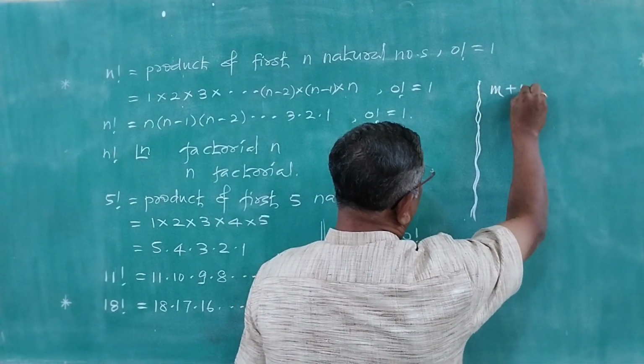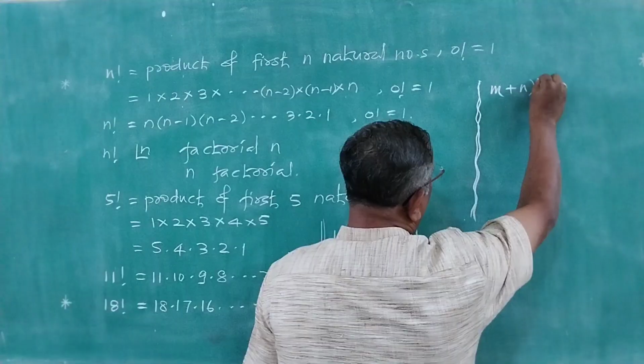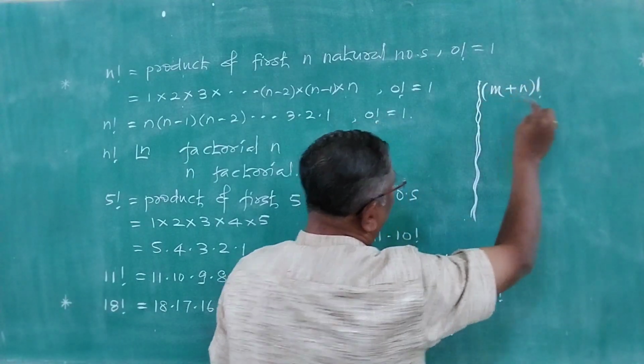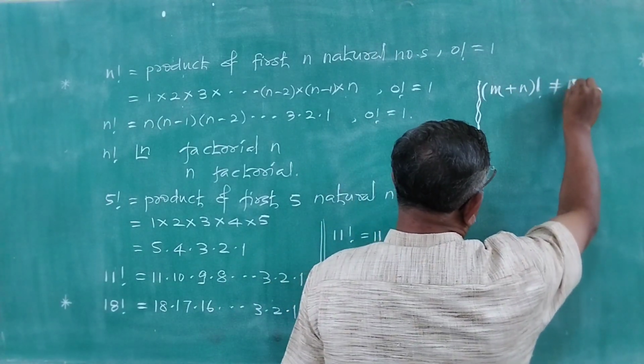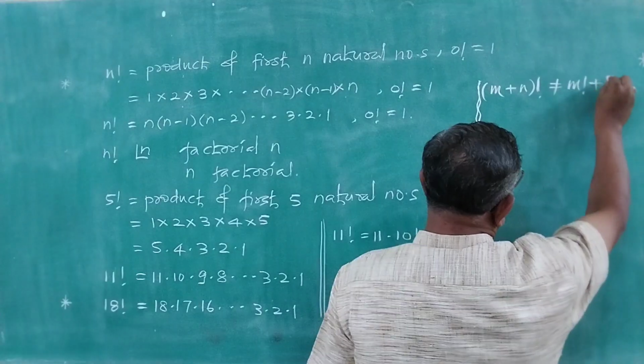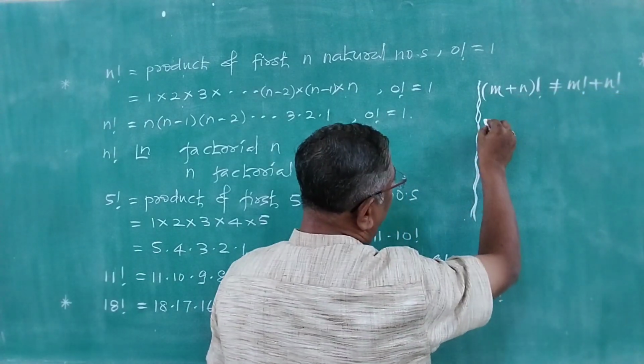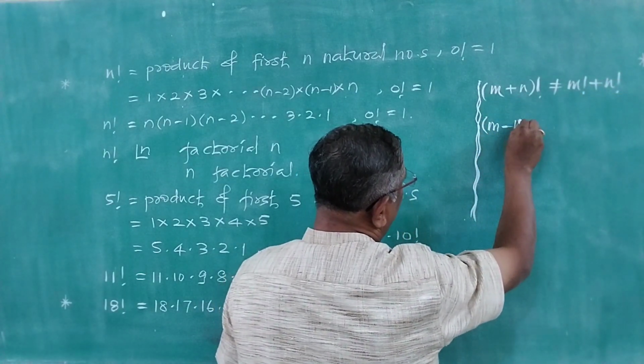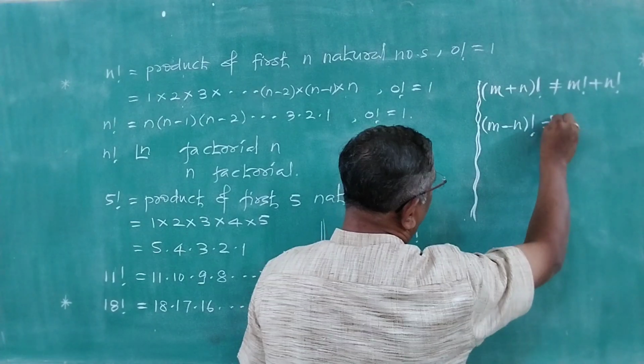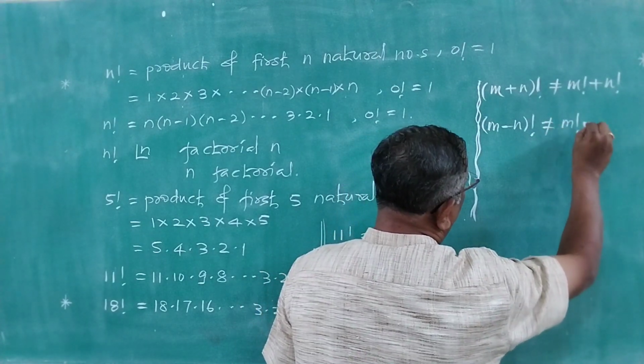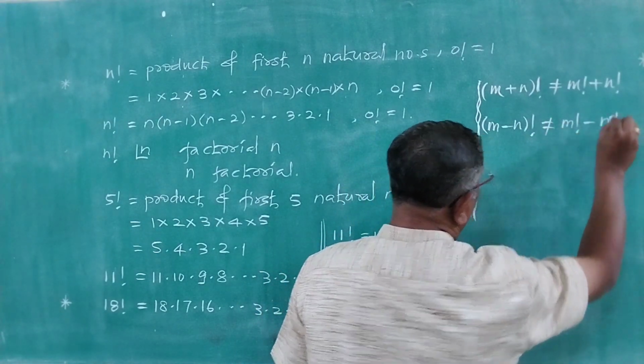This m plus n bracket factorial will never equal m factorial plus n factorial. On the same parallel lines, m minus n bracket factorial will never equal m factorial minus n factorial.